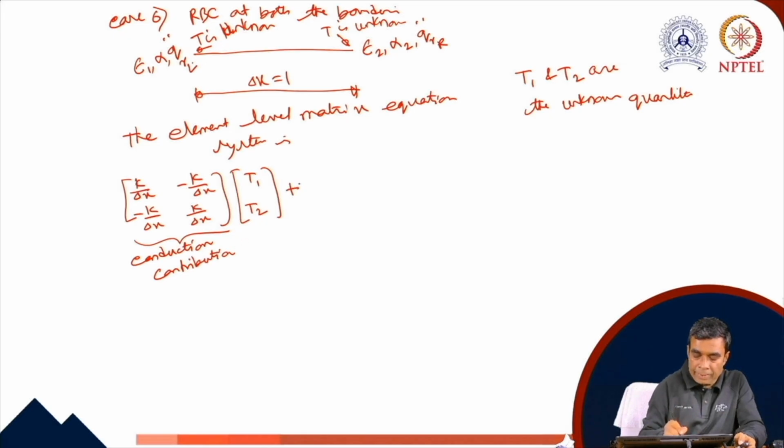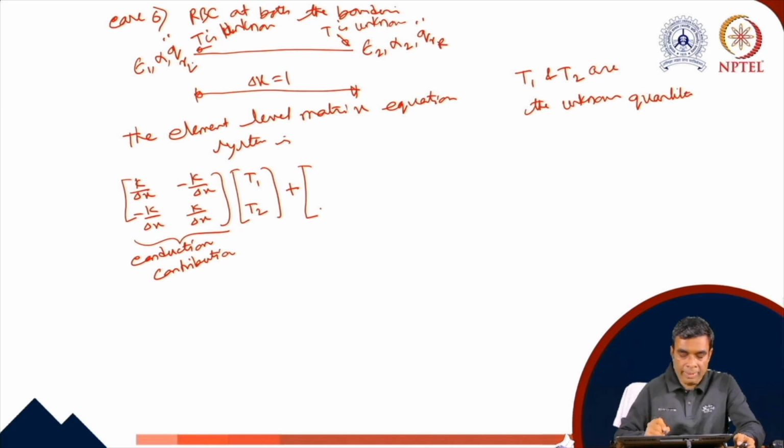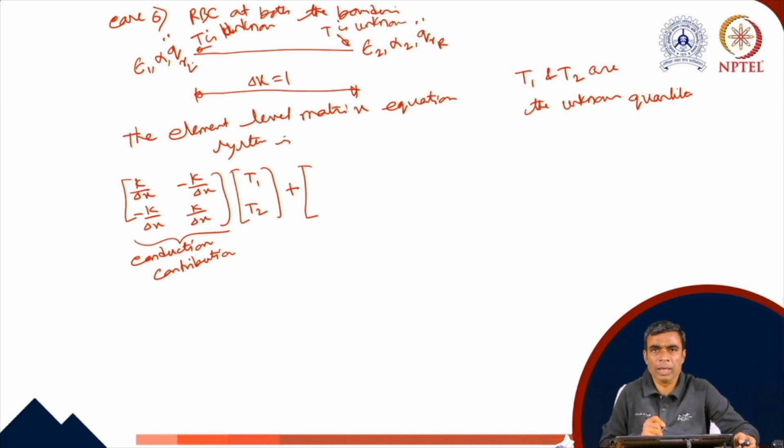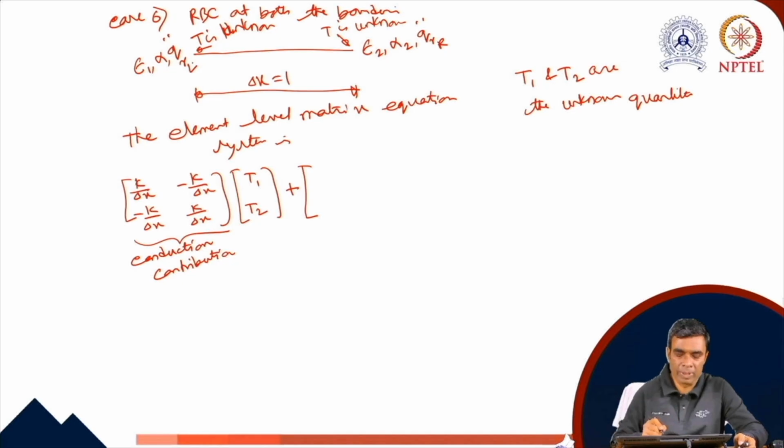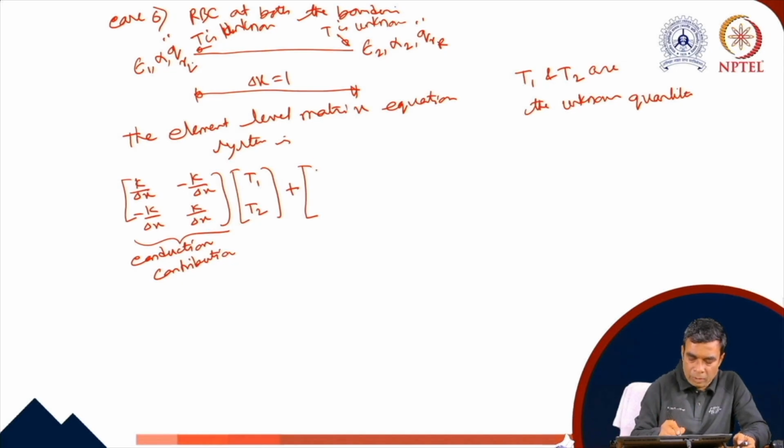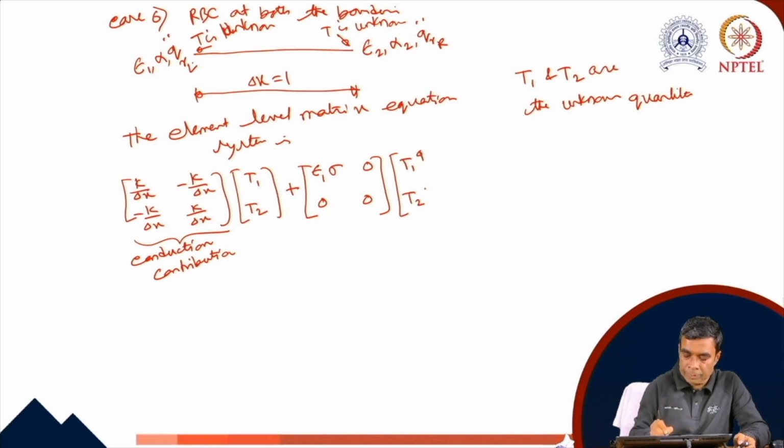Now this matrix is augmented by the radiative boundary condition at both the left and right boundaries. For the left boundary, the contribution is ε1σ, 0, 0, 0, times T1^4, T2^4. This is the RBC contribution at the left boundary.